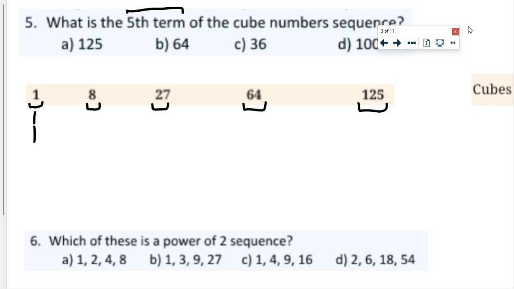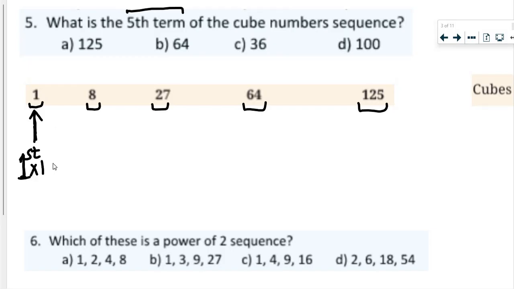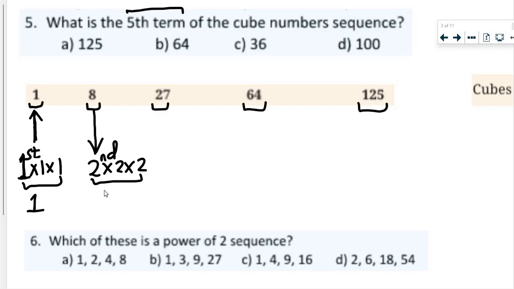The first cube number, which is 1, you do 1 into 1 into 1. The answer here is 1. How do we get the second cube number? You do 2 into 2 into 2. What is 2 into 2 into 2? That is 8. How do we get the third cube number?